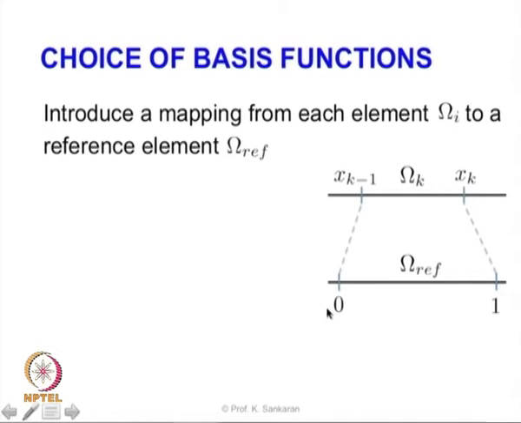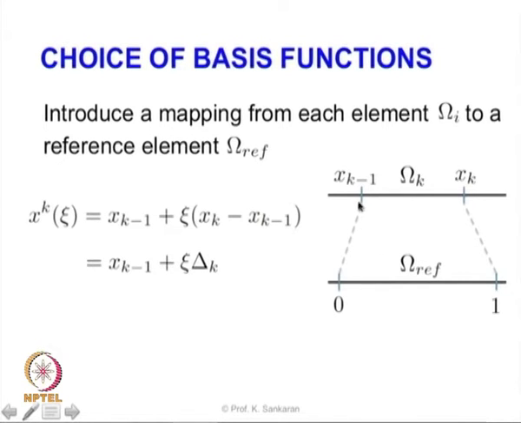So what we are doing here is we can know that each of the points inside the physical element will have a unique point in the reference element. So for example, what I have said here is when the value eta is equal to 0, I will be on the point x of k minus 1, exactly at the starting point.